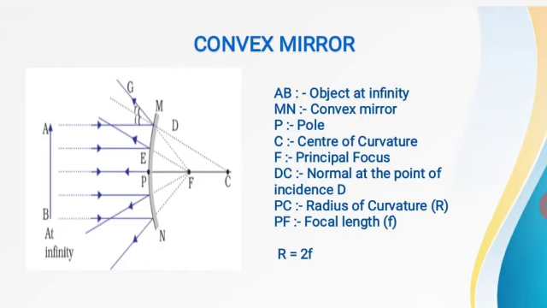Normal is the perpendicular drawn which will pass through the center C. So, DC is the normal drawn at the point of incidence. The ray of light will obviously get reflected and is shown as the ray DG, which is moving away. Here you can see angle I and angle R marked, which are equal. We extend this reflected ray in the backward direction to meet the point at F.